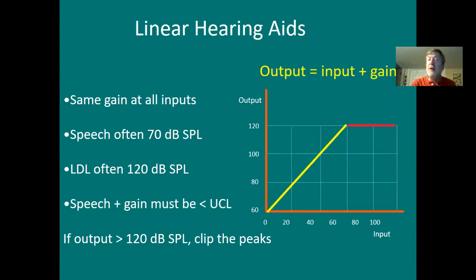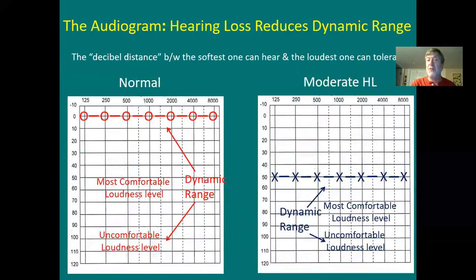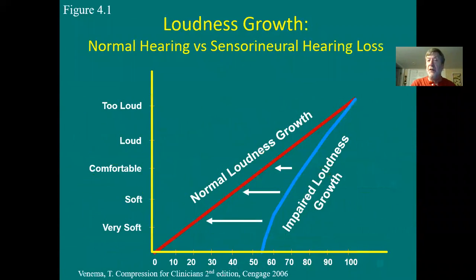Well, when linear hearing aids were out, remember what linear does? It amplifies all inputs by the same amount, okay? Linear hearing aids don't amplify soft sounds by a lot and loud sounds by little or nothing at all. They amplify whatever you set it to.